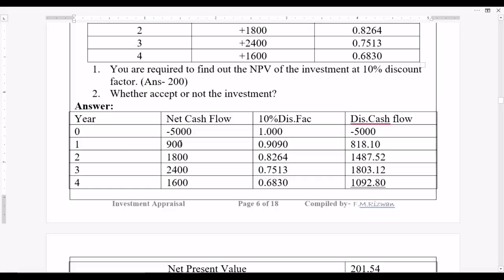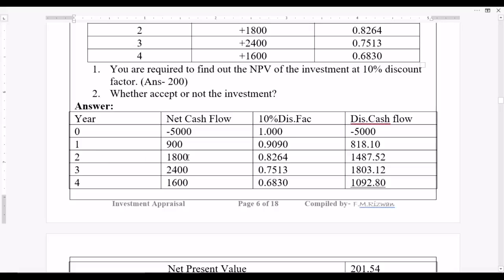If you want to find the present value of this 900, you have to multiply by the discount factor 0.9090. So the present value of the 900 is now 818.10.